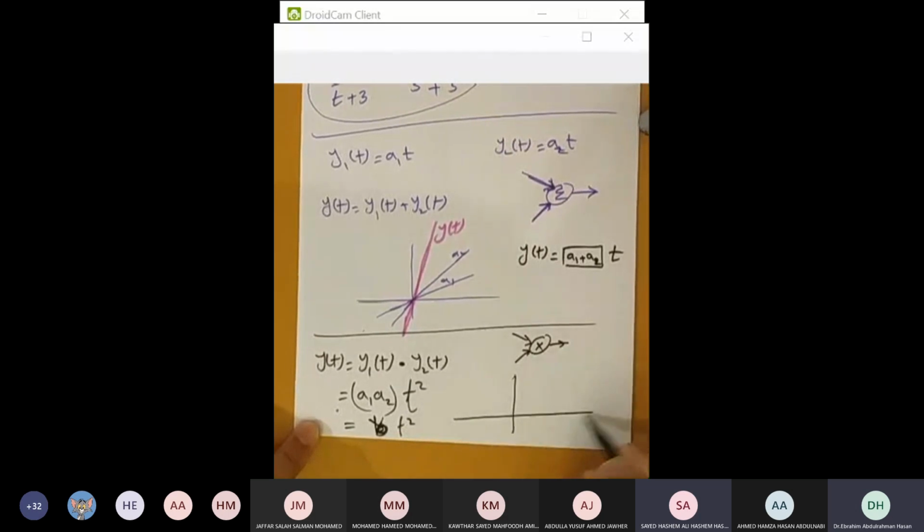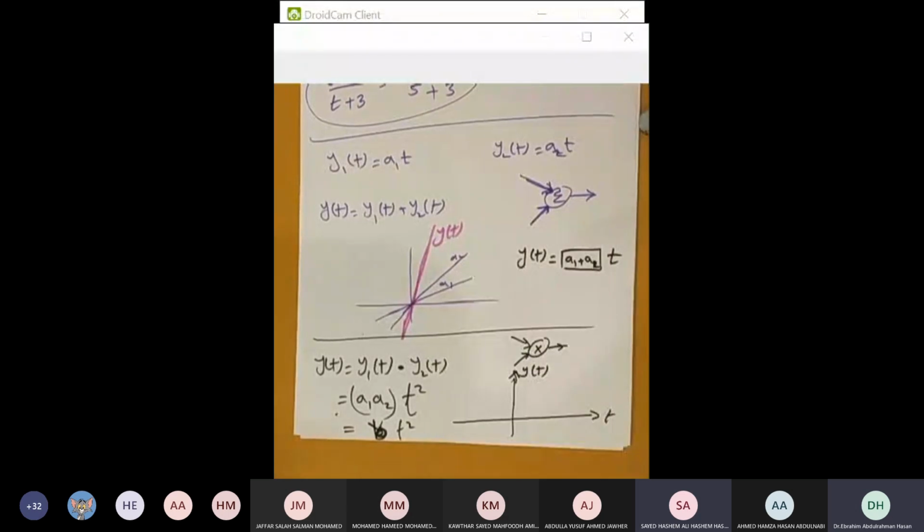So this is t and this is y of t, which is the multiplication of y1 multiplied by y2.